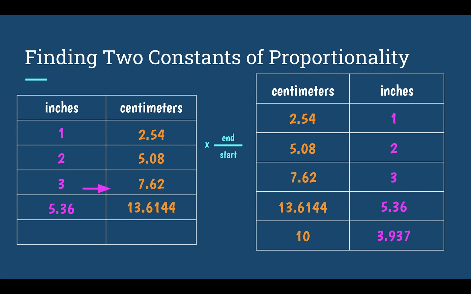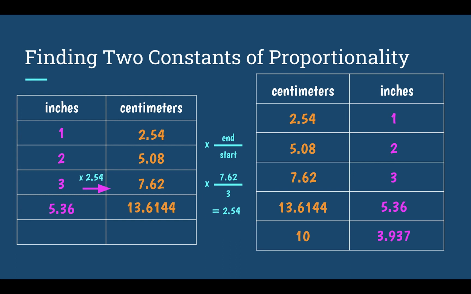So let's say I wanted to go from 3 to 7.62, and I want to figure out what I multiplied by. Well, I'm going to put my end, 7.62, on the top, and I'm going to divide that by my start, which was 3 on the bottom. So 7.62 over 3, going to divide that out, and I would get 2.54. So that would tell me that I had multiplied by 2.54.